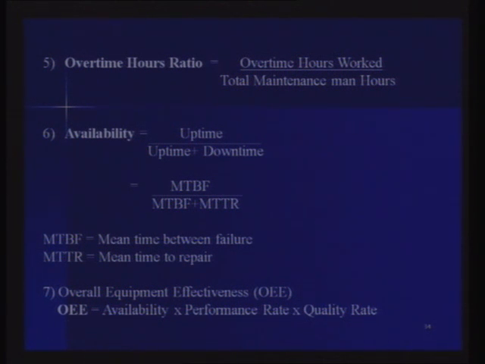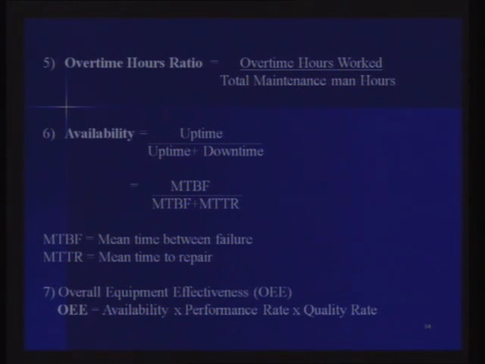And then for the last 10-15 years we have coined another term to measure the effectiveness of maintenance. We call it overall equipment effectiveness, OEE. That is equal to availability into performance rate into quality rate.